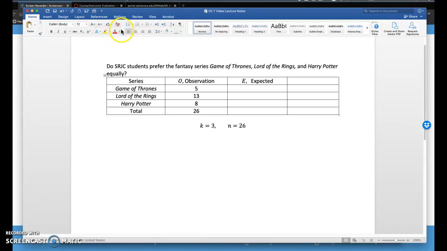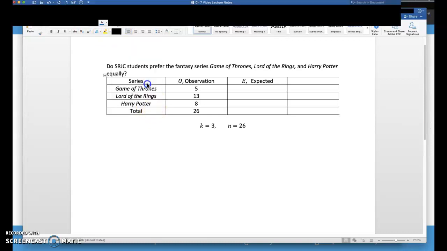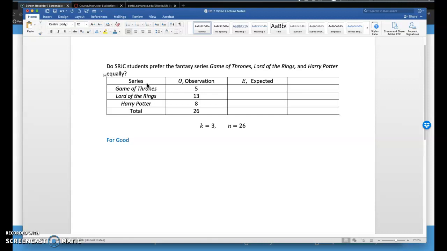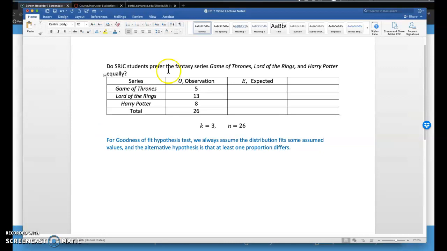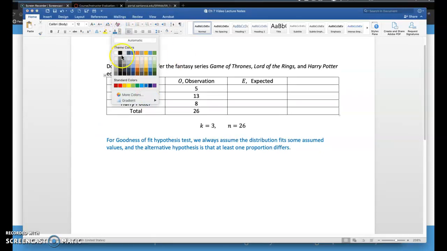For a goodness-of-fit hypothesis test, we always assume the distribution fits some assumed values. And the alternative hypothesis is that at least one proportion differs. Hopefully that'll make more sense when we do this example.